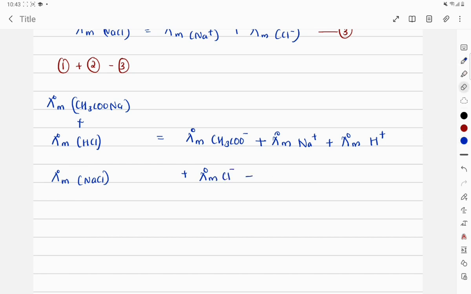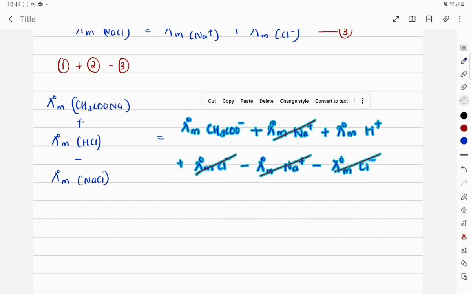Sorry, this has to be minus because we're subtracting it from the other two: minus lambda 0m for Na plus, minus lambda 0m for Cl minus. So similar terms can be cancelled out, Na plus, Cl minus. So what is left?